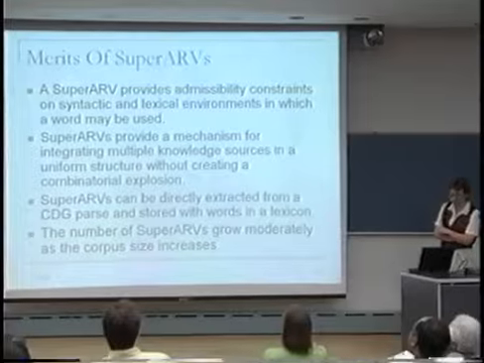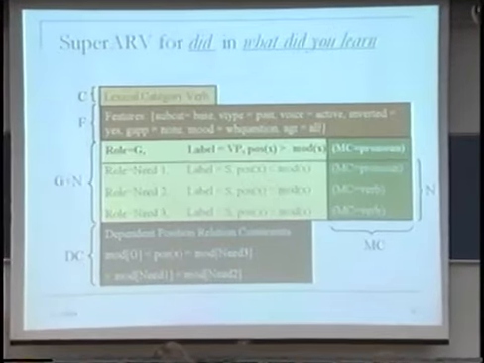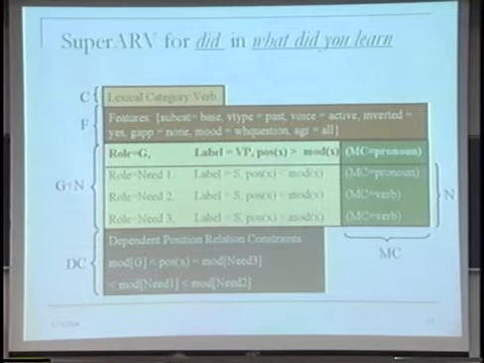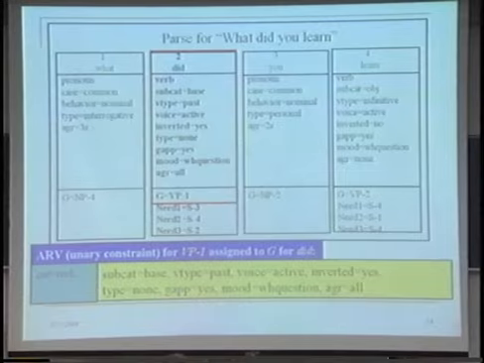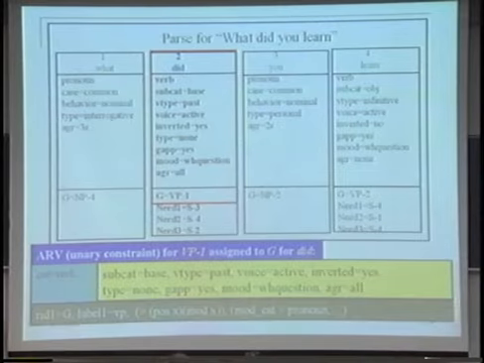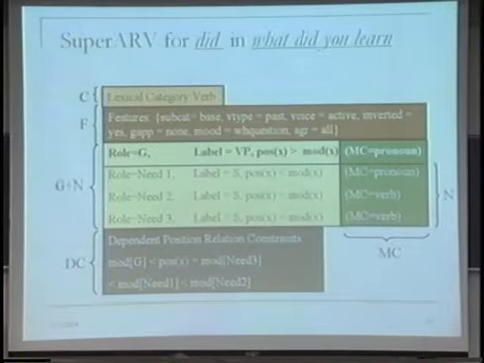So the merits of the super ARVs. What's nice about this actually is that it's a vector, right? We've actually taken this information of the whole word did, and we've actually created this nice vector, and those are enumerable and countable, and they can be associated with words in a lexicon, right?